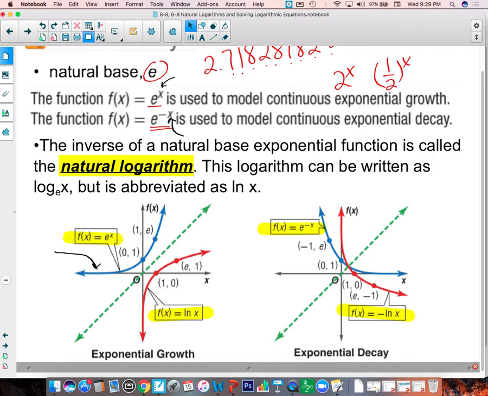All right, so looking back up here to that highlighted information, the inverse of a natural base exponential function, okay, that's just the e to the x stuff. Inverse of that stuff is called the natural logarithm. All right. That can be written as log base e, but it is abbreviated as that right there. That's what I want you guys to remember.